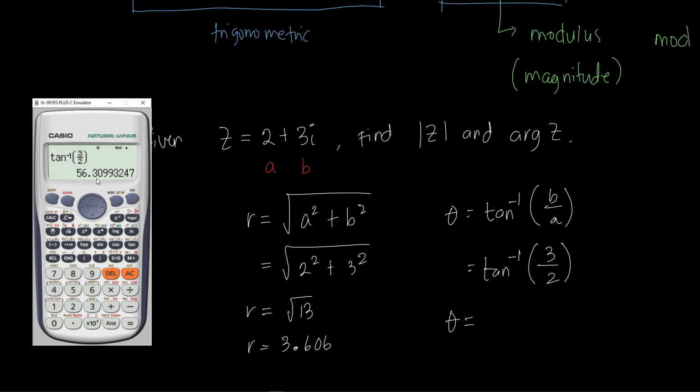Okay, 56.31, or we can write it in degrees, minutes, and seconds: 56 degrees, 18 minutes, 36 seconds.